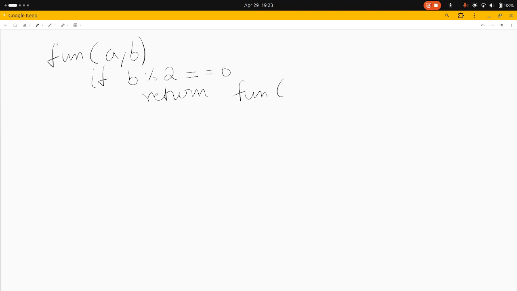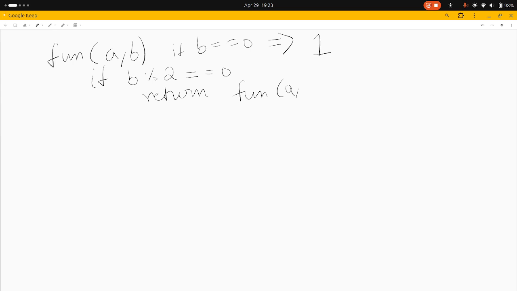So let me write the algorithm. Function of a comma b. If b percent 2 equals 0, it's even, then we have to return function of a comma... okay, sorry, I forgot this thing. If b equals 0, we have to return 1.